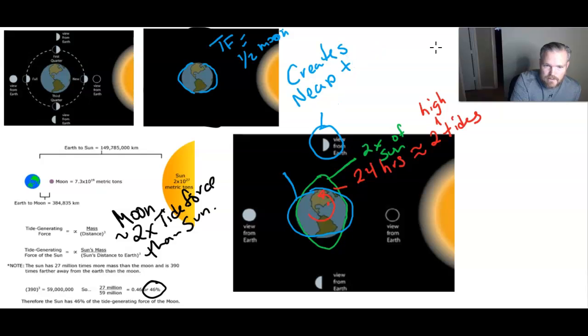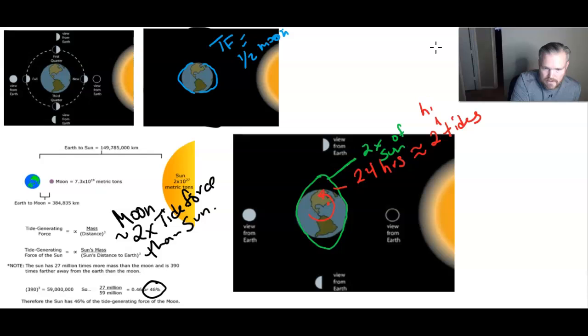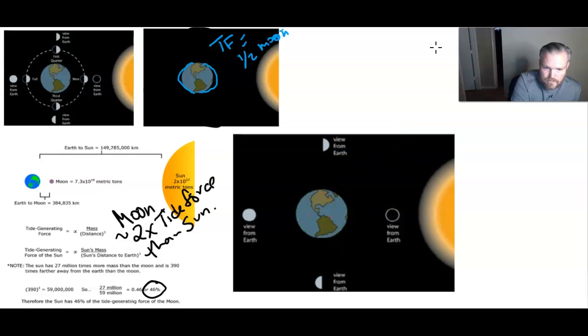If I were looking at the new moon or the full moon, it's basically going to be the same effect. I'll go back to green here. The moon's tide again is going to be, this is obviously over exaggerated, a high tide there.